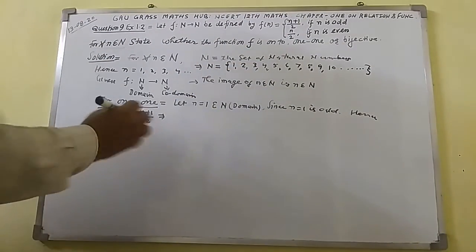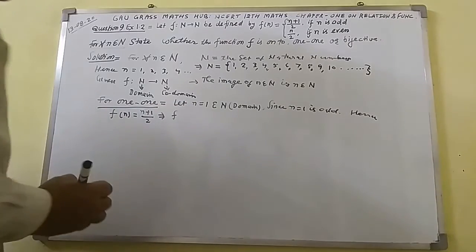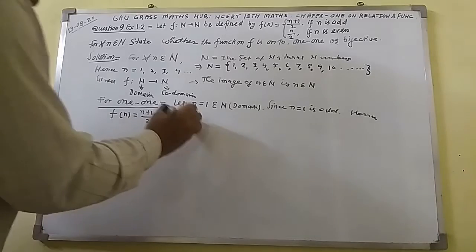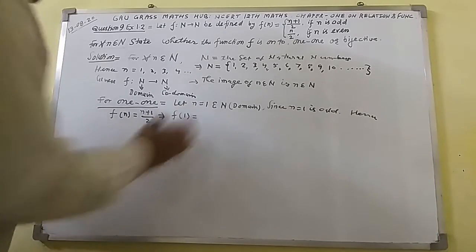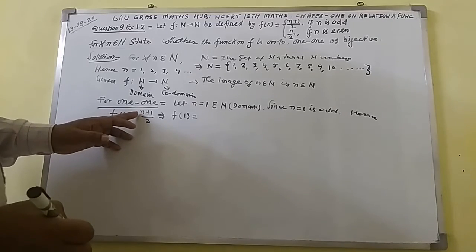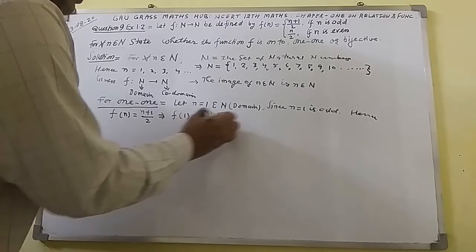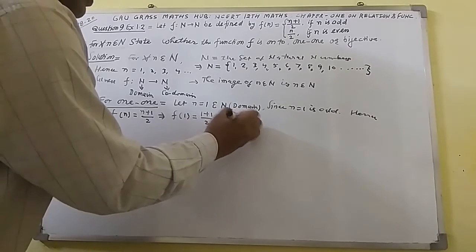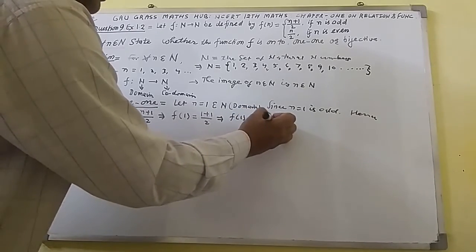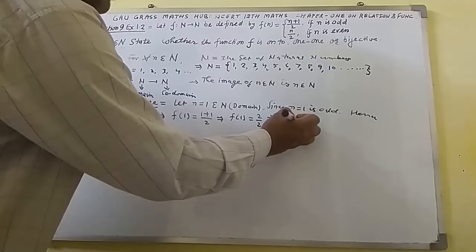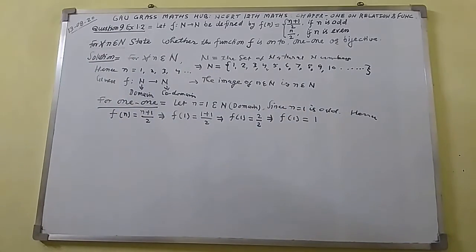Put the value of n equal to 1. So f(1) = (1+1)/2 = 2/2, which implies that the image of 1 is 1. So here we have got the image of 1.